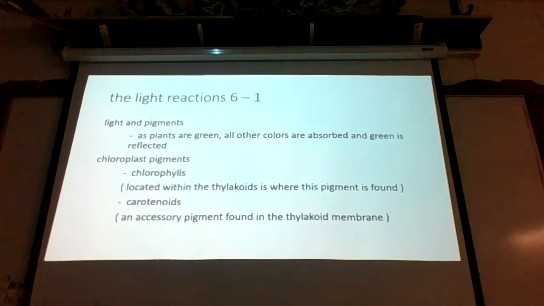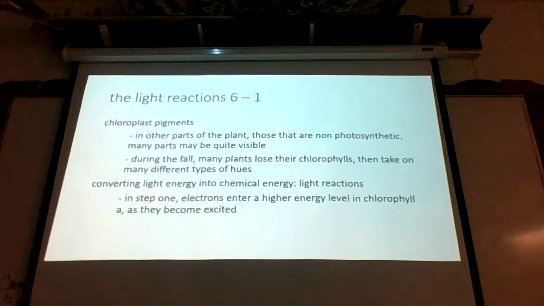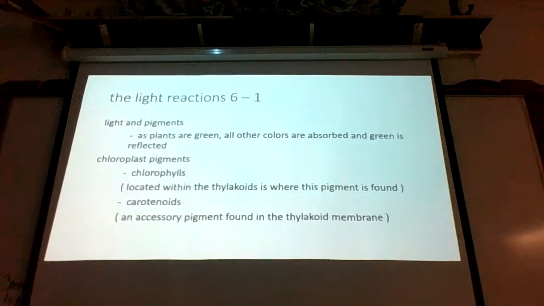Okay, so then to wrap up these chloroplast pigments, one of the things I hope that maybe you can appreciate now, whether we know that animals evolve into different categories.